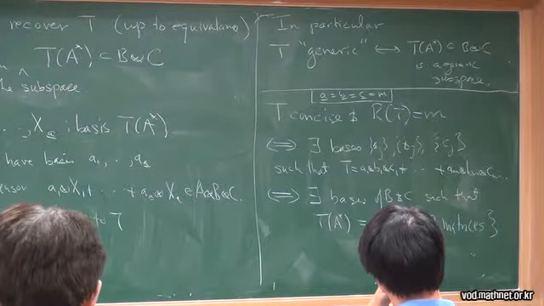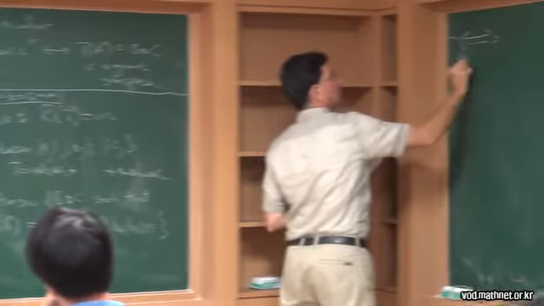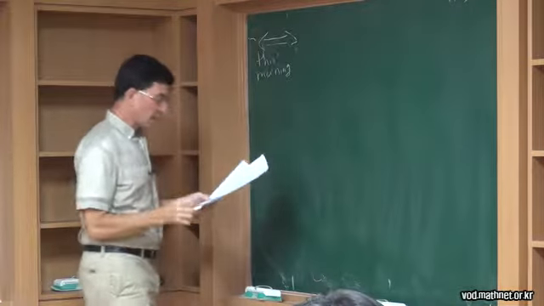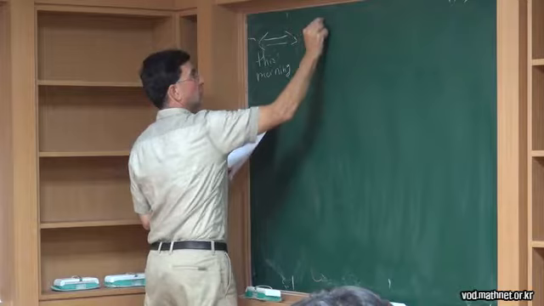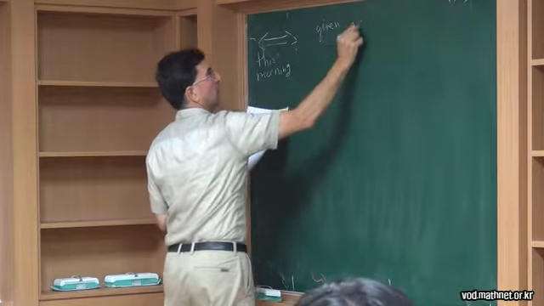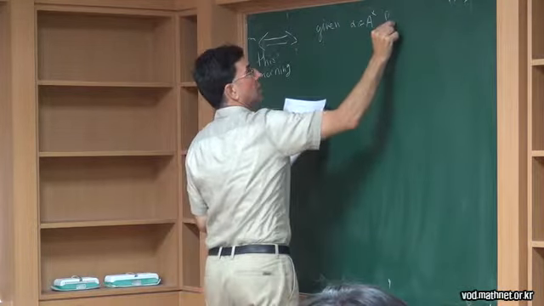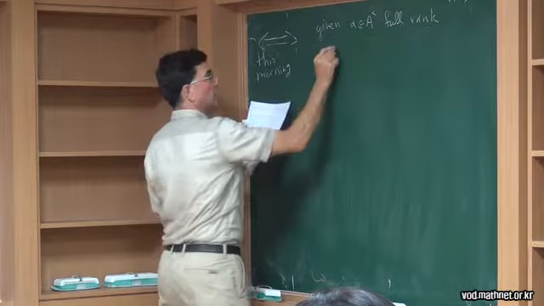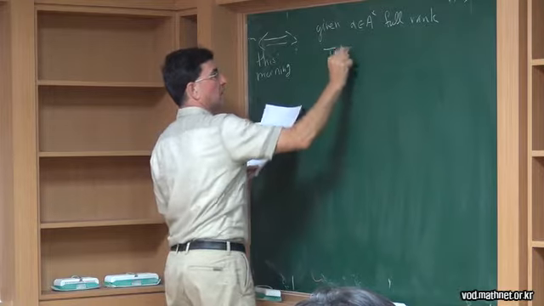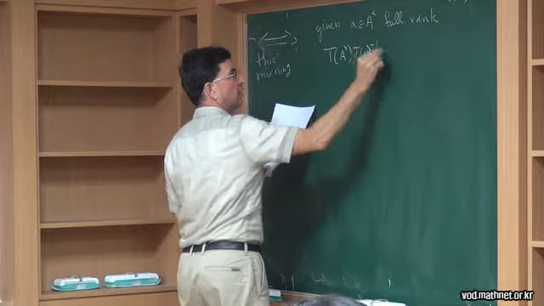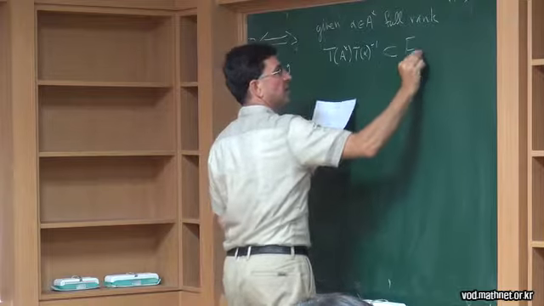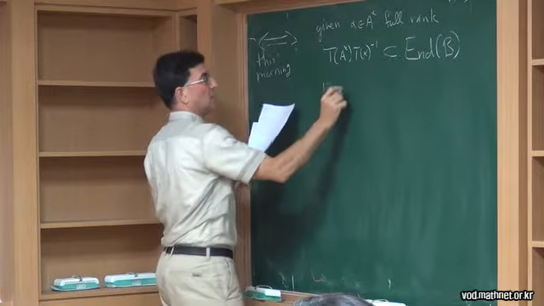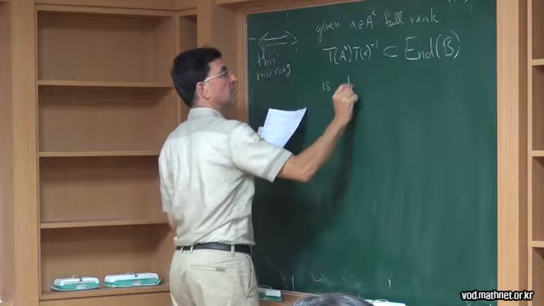And this morning, we discussed that given alpha in A star of full rank, this T of A star, T of alpha inverse, which is now a linear subspace of the space of endomorphisms of B, is simultaneously diagonalizable.